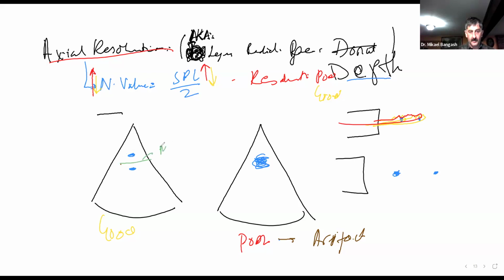This is actually just a mirror image, where you can say only this one here would have been real. This one here was an artifact. So how will you know that this was a mirror image? Because you had a bright reflection here.